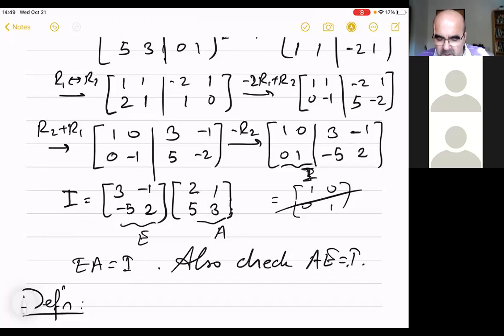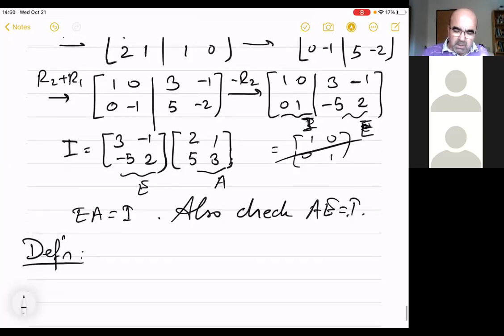And we have another matrix E. So when we multiply E by A, we get the identity matrix. We checked only multiplying from the left-hand side, but it is also true from the right-hand side.